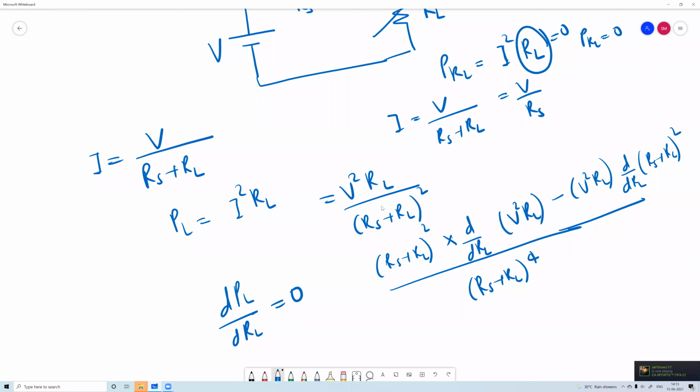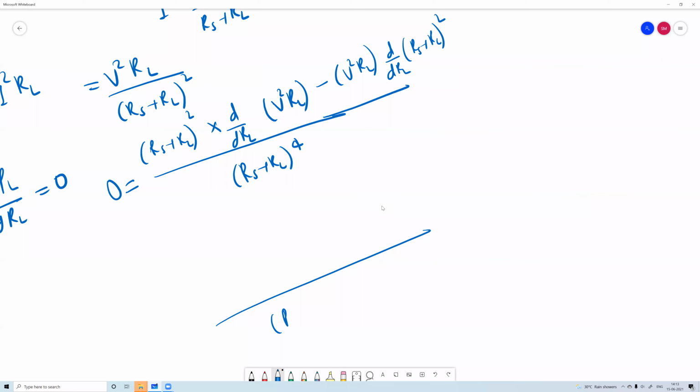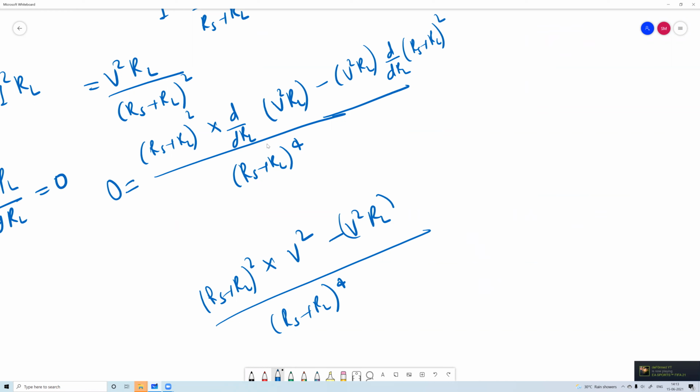So the derivative of RL would be V square, and the derivative of the square term would be V square RL into 2 into RS plus RL. Check it yourself, please. That should be 0.